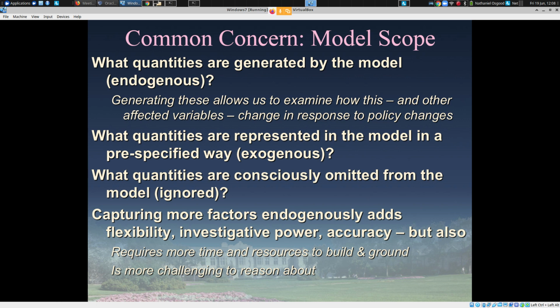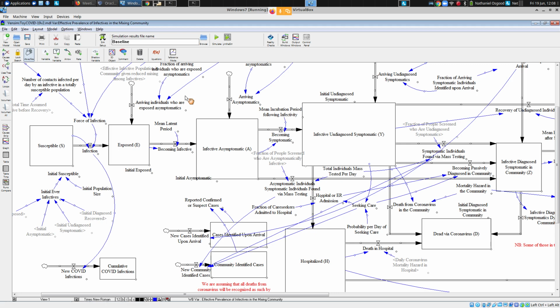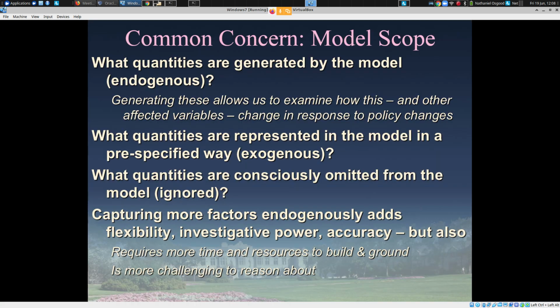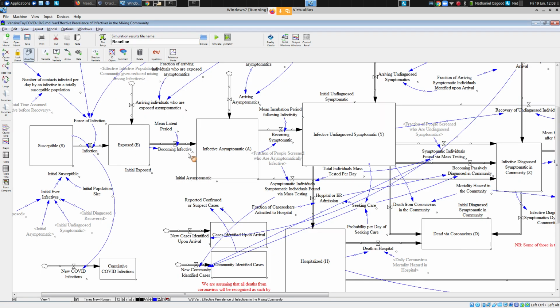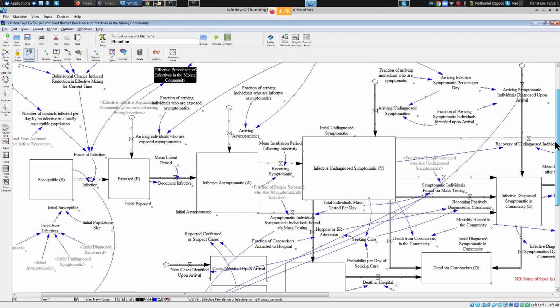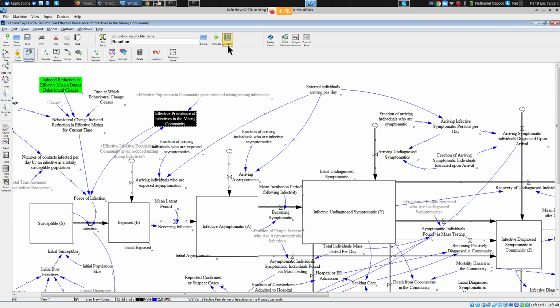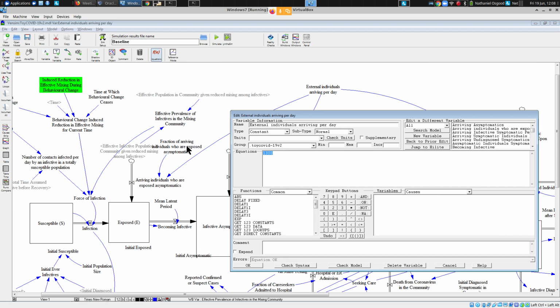There are other quantities that are exogenous. These are specified by us to the model in a pre-specified way. It may be a fixed value, or it may be a time series. We don't have it here, but we could, for example, specify a number of external individuals arriving per day. That's 1,000.